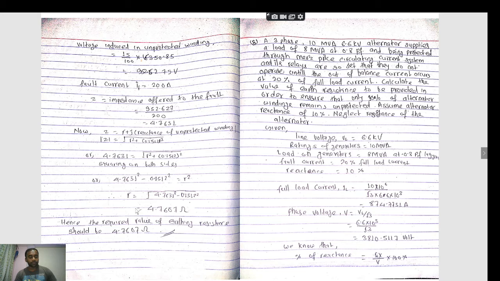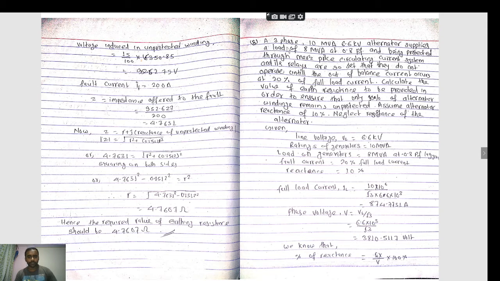So R equals 4.7667. Hence the required value of earthing resistance should be 4.7607.